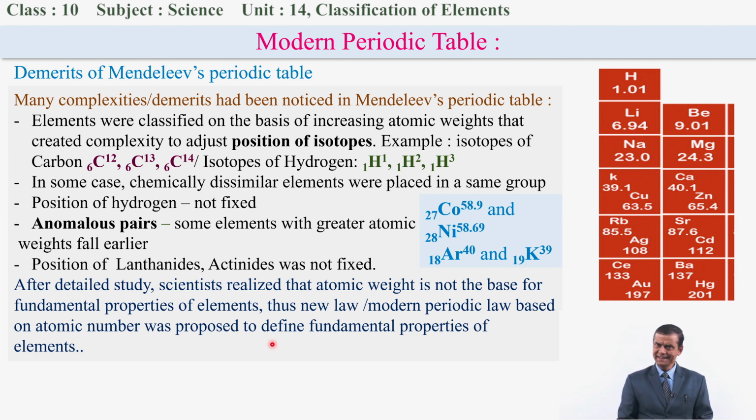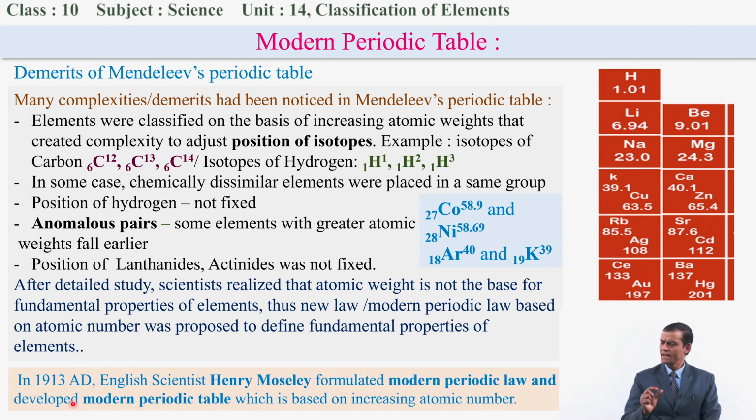So after the study of demerits, weaknesses of Mendeleev's periodic table, scientists proposed a new periodic table. In 1913 AD, English scientist Henry Moseley formulated modern periodic law and developed the modern periodic table, which was based on the increasing atomic number, not the increasing atomic weight.